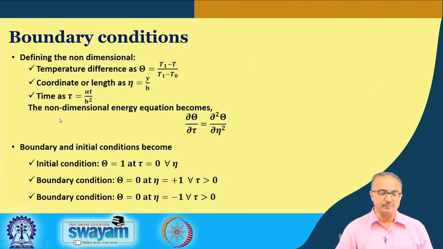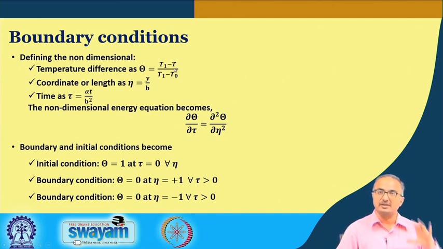With this we now find that the non-dimensional equation will come like this. And once we have found this non-dimensional form, you can see that at tau equal to 0, theta is equal to T naught, so theta equal to 1, and at eta equal to plus 1, that is you put the value of b, you find that the temperature is still T1.